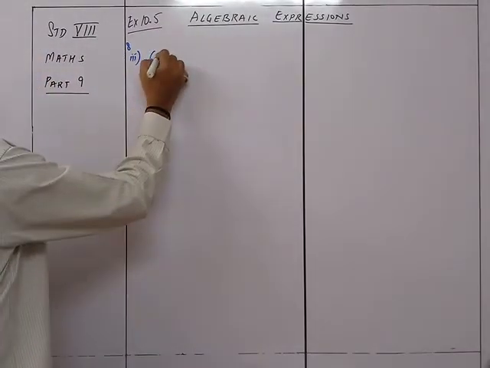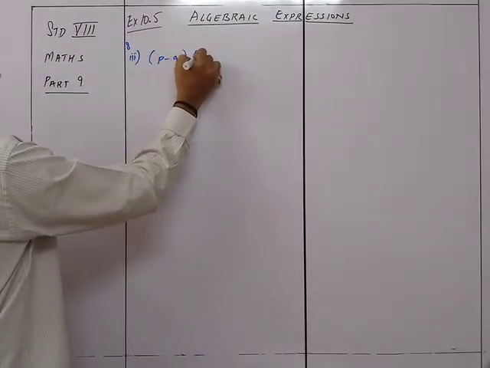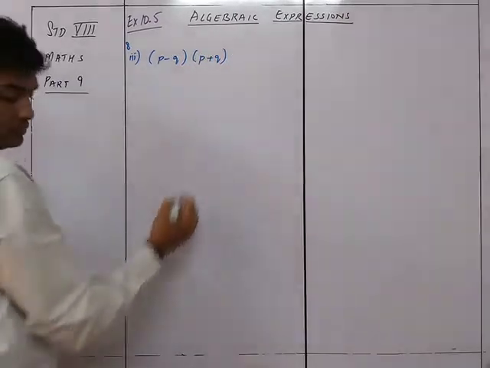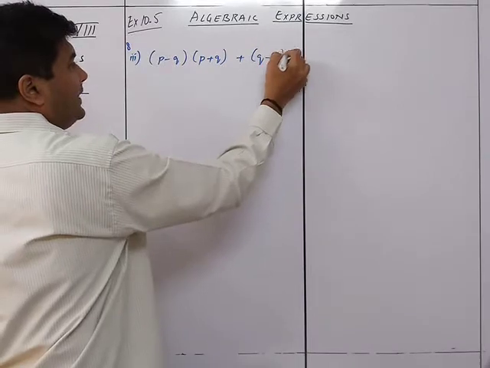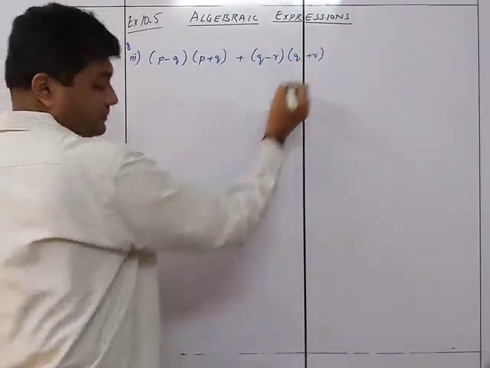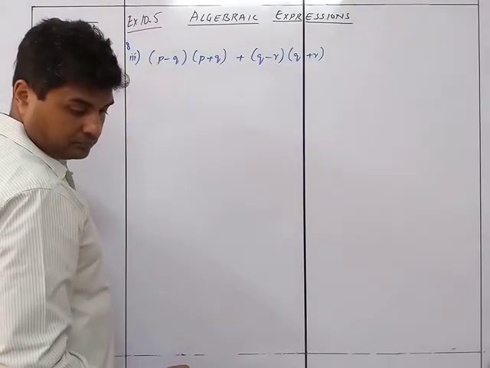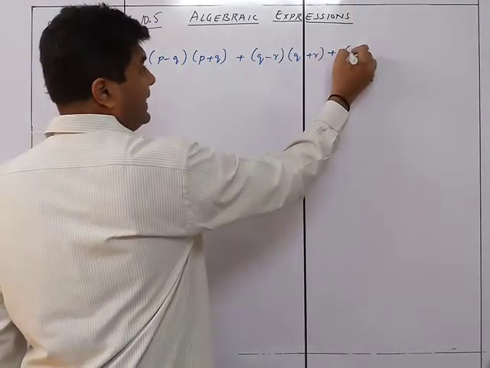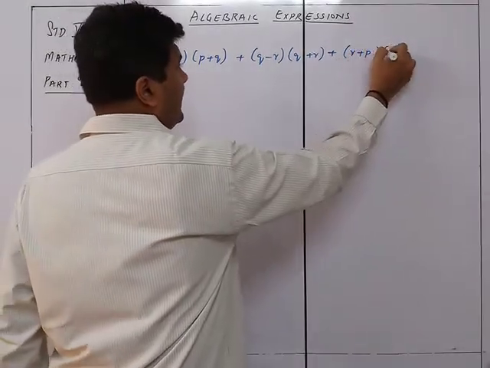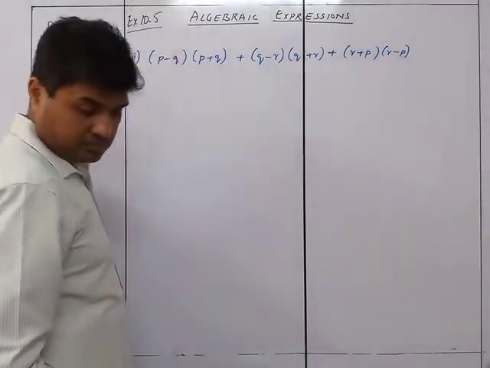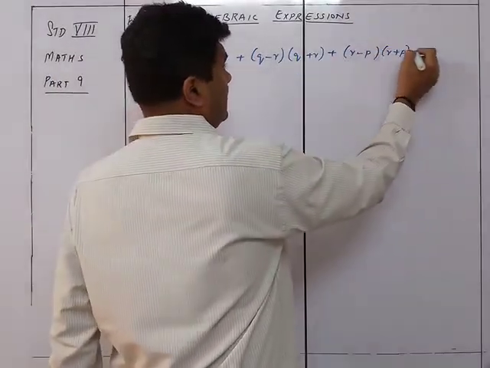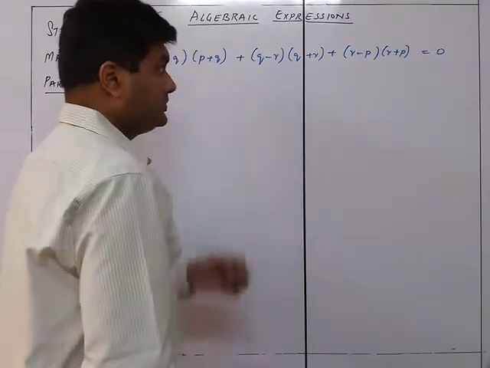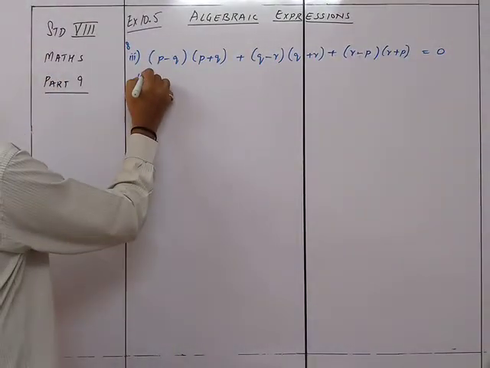It is p minus q into p plus q plus q minus r into q plus r plus r plus p into r minus p is equal to 0. This is what you need to prove. So we take the LHS again.